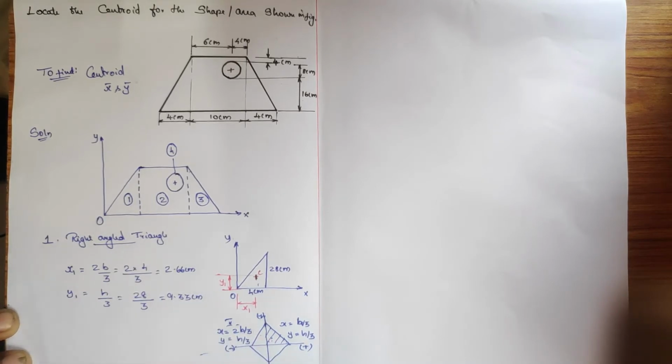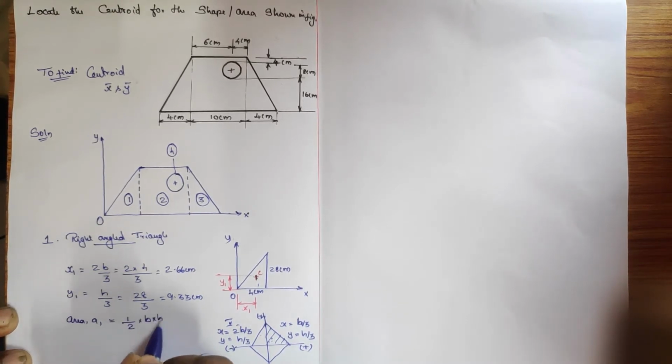Okay, what is next? x1, y1 is over, then it is the area of the first component, a1. It's a right angle triangle. What is the area formula for a right angle triangle? 1 by 2 into length into breadth.